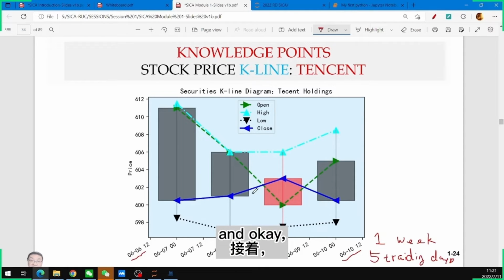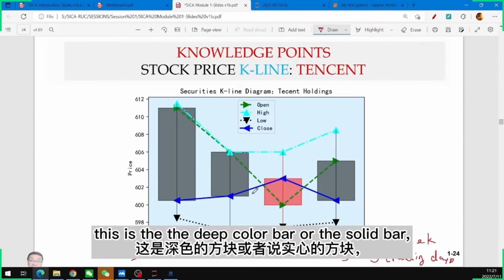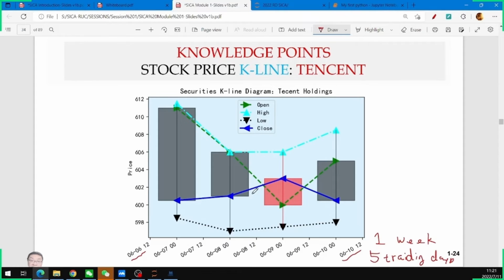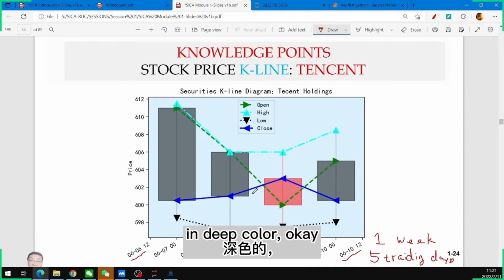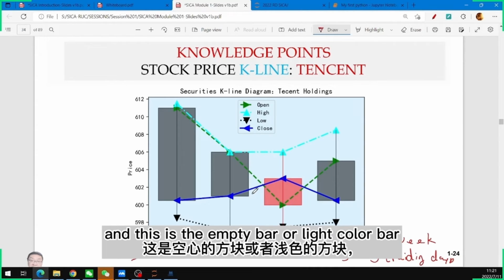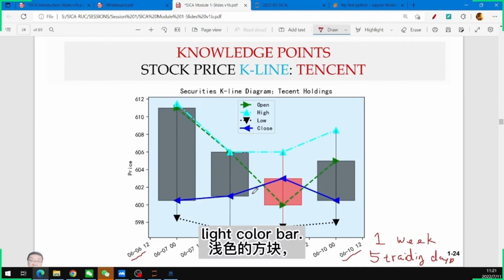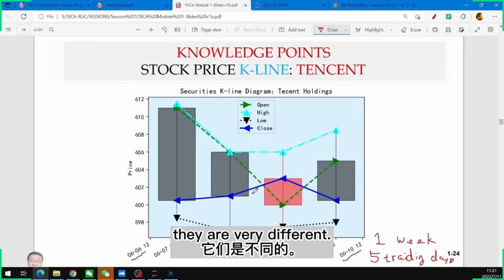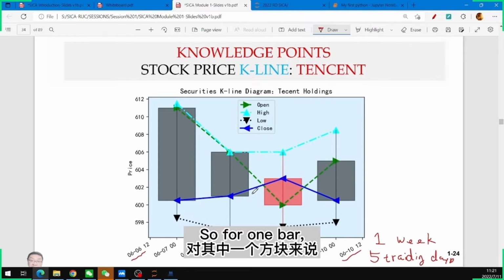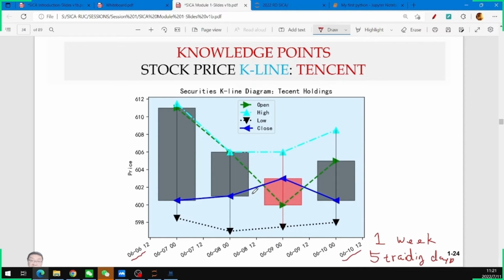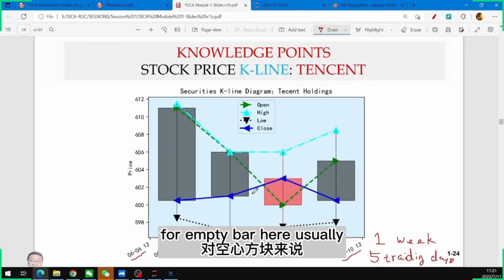Okay, this is the deep color bar or the solid bar. And this is the empty bar or light color bar. So we can find out they are very different. For one bar, let's draw an empty bar here.